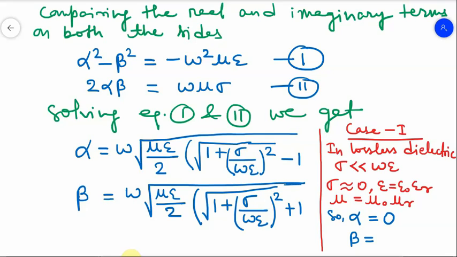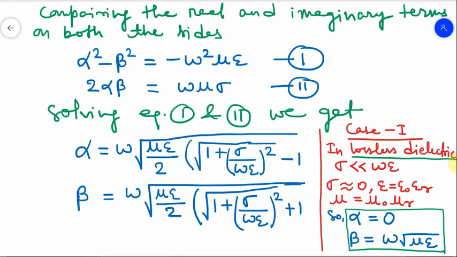If you put sigma equal to 0, root over 1 plus 1 is 2, and 2 and 2 get cancelled out, so omega into root over mu epsilon. So these are the conditions which we obtain for the lossless dielectric, and the earlier conditions were for the lossy dielectric that I had written in the beginning of the discussion.